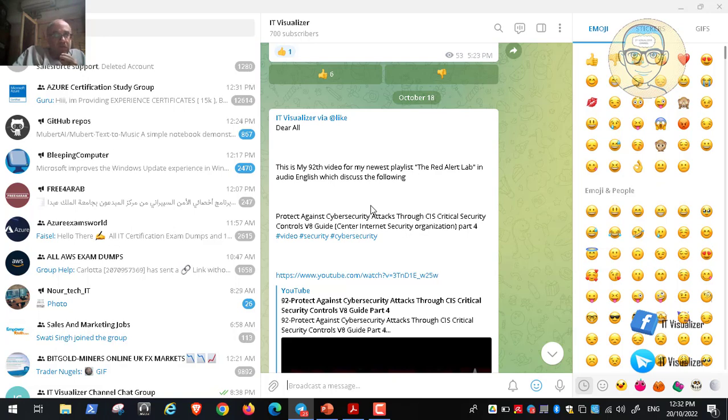It's a non-profit organization that is famous for issuing documentation, recommendations and best practices for securing different platforms and applications. For example, they issue recommendations for securing Windows 10, Windows 11, Linux systems, firewalls like FortiGate and Sophos, Cisco switches, a lot of things actually, and they are all free. You can download them from their website.